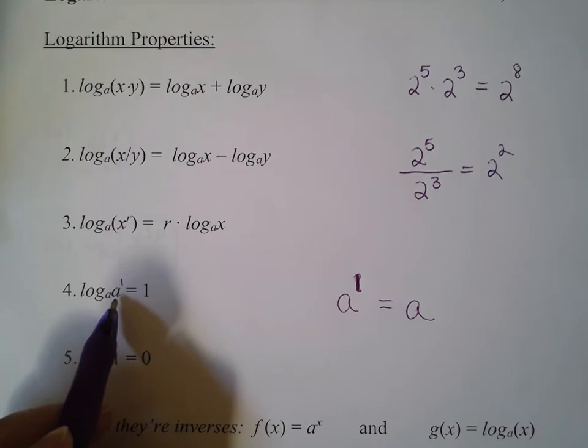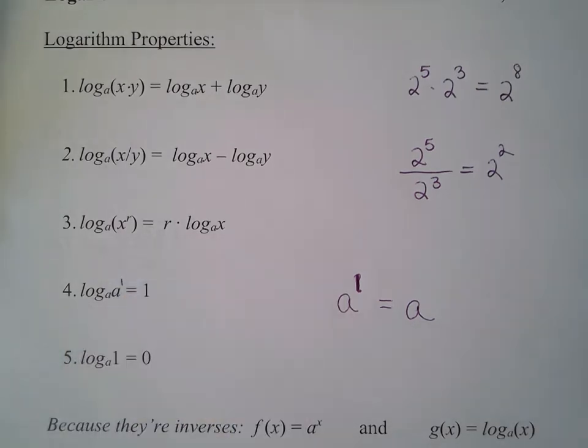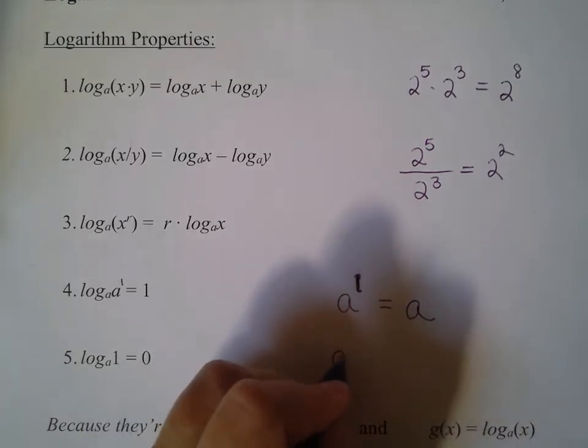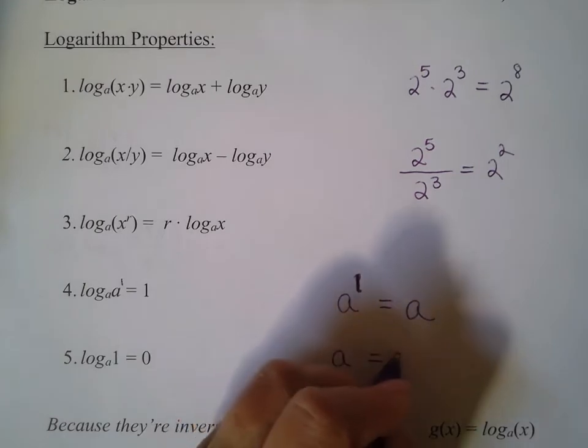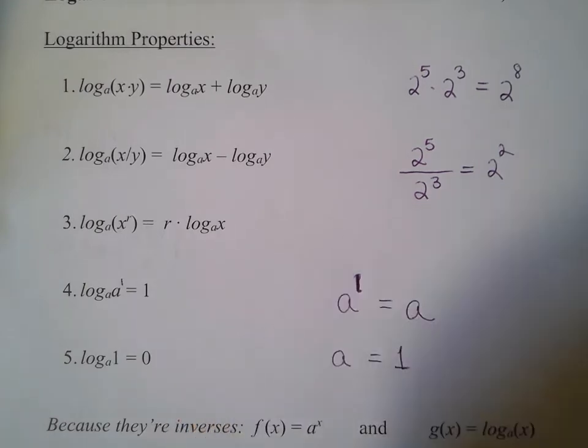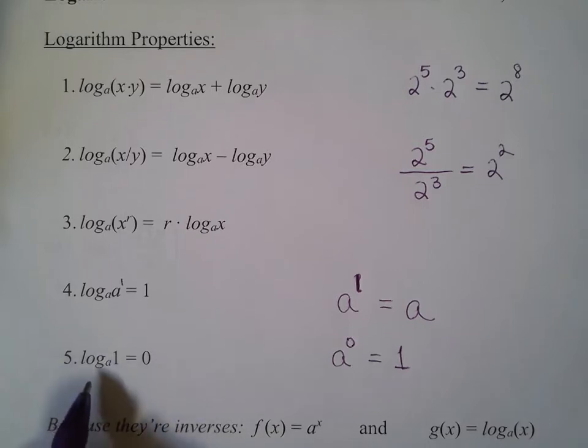My base of A and my log base A cancel each other out, and I get the exponent 1. Number 5 is something similar. What exponent do I need to raise A to get 1? No matter what A is, anything raised to the 0 power is always 1. So that's the basis behind the 5th property.